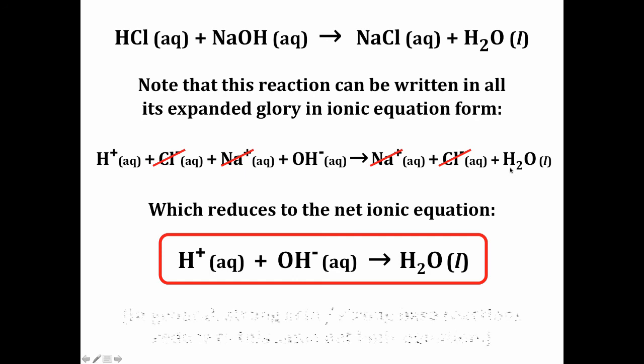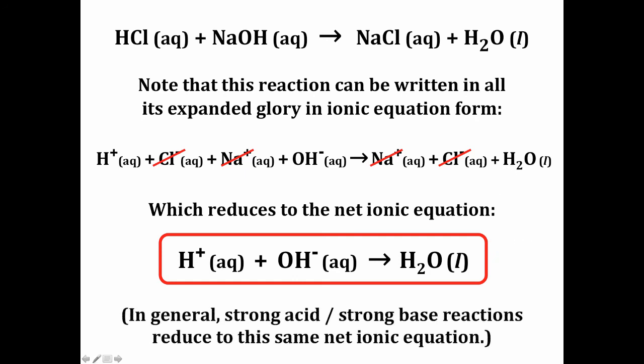And this is generally what's going to happen when we have a strong acid reacting with a strong base. Those are going to reduce to this same net ionic equation, H plus plus OH minus makes H2O.